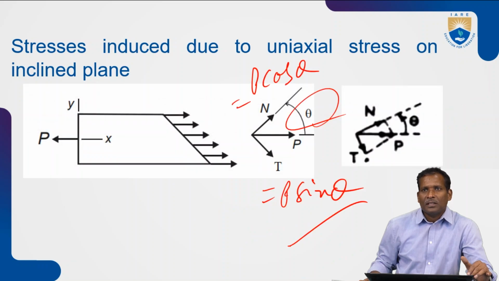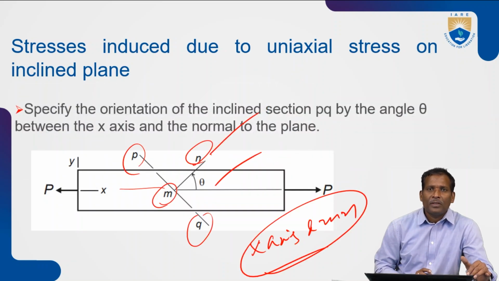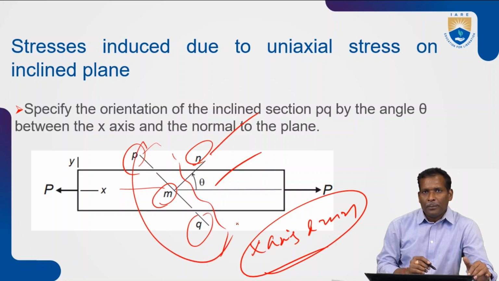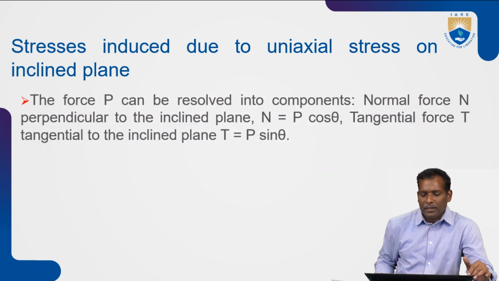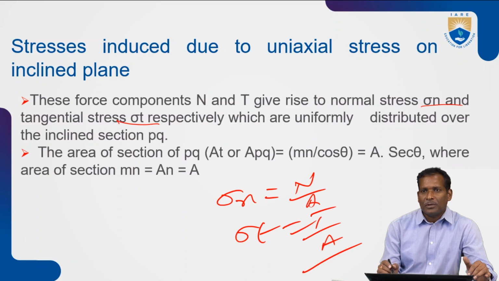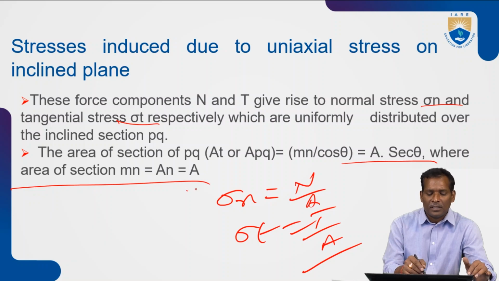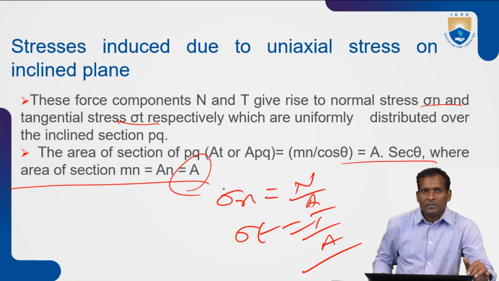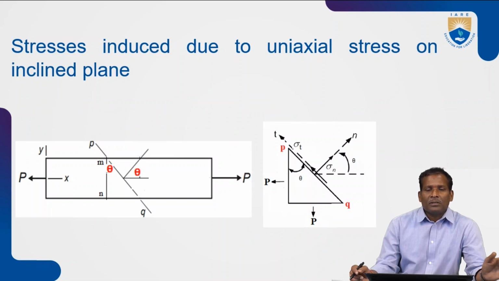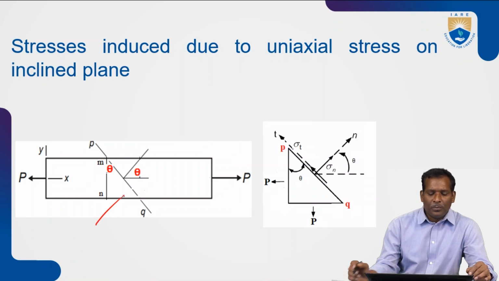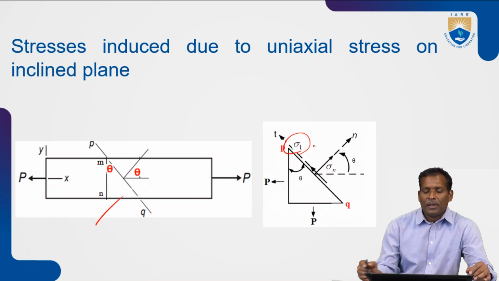You can see in this diagram the area of PQ, MN by cos theta, is equal to A secant theta, where the area of section MN is the normal section area A. In this diagram, MN and PQ are shown, with the tangential and normal stress.